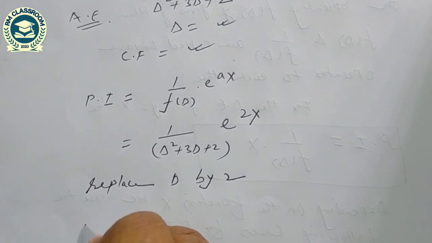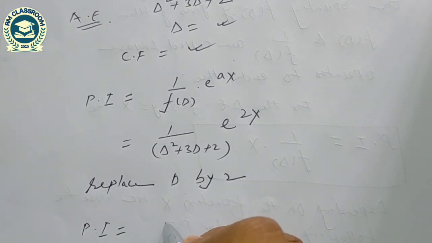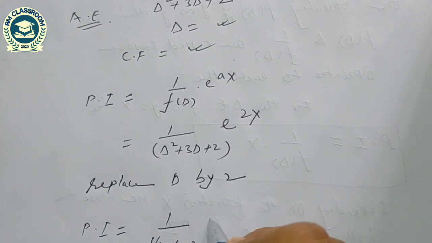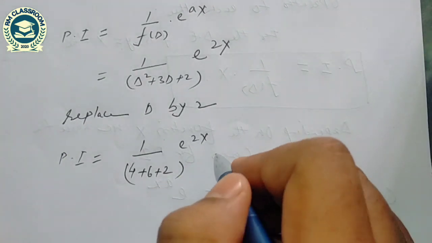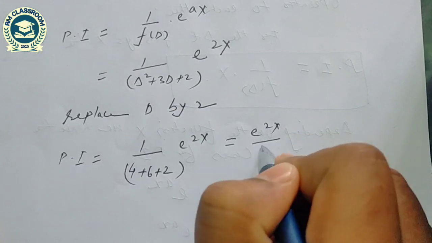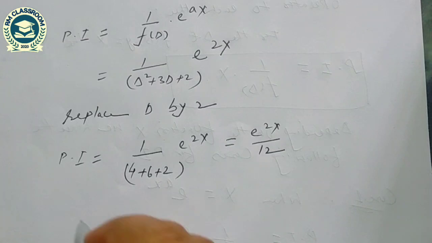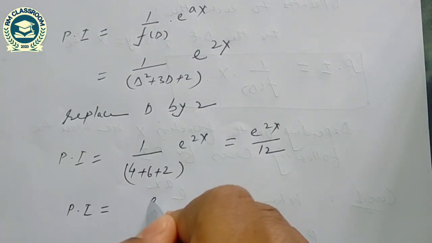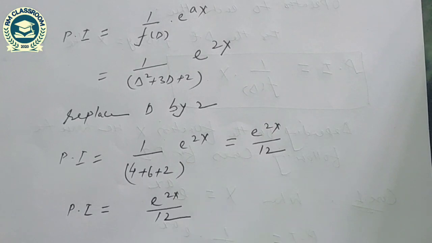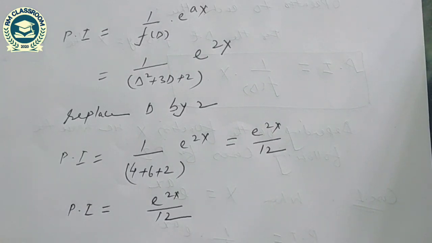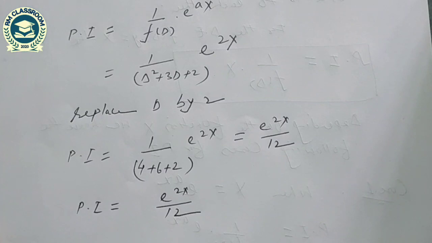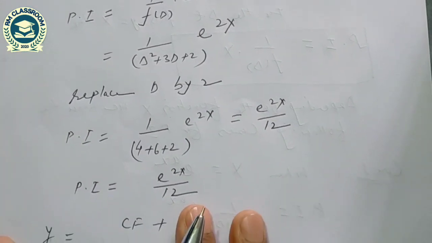If I replace D by 2, the particular integral is 1 by (4 plus 6 plus 2) into e to the power 2x. So it is coming e to the power 2x by 12. Here f(a) is not equal to 0, so it is okay. So the particular integral is e to the power 2x by 12. So the solution of this differential equation is CF plus PI.